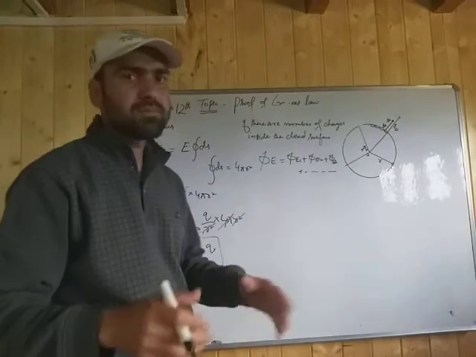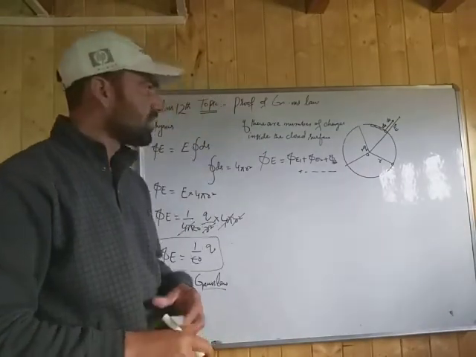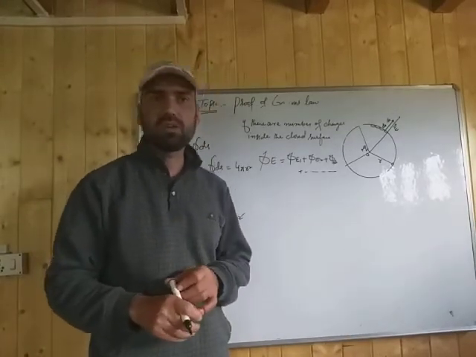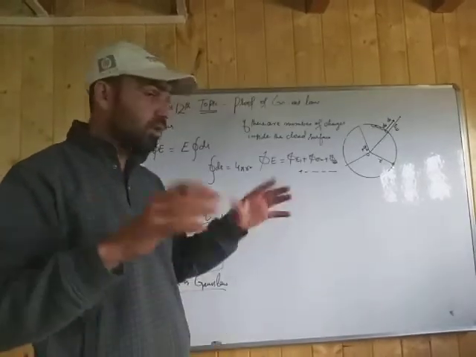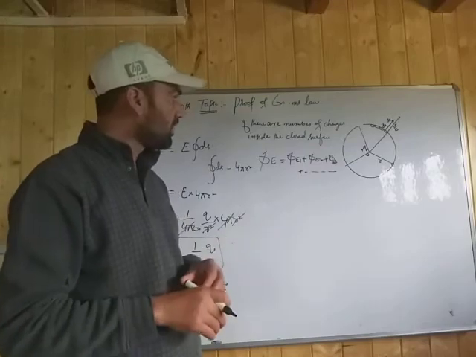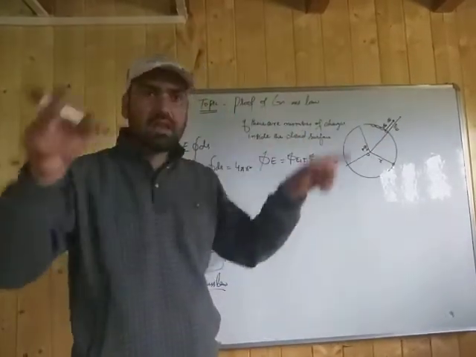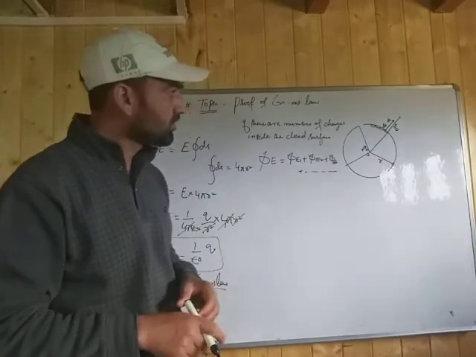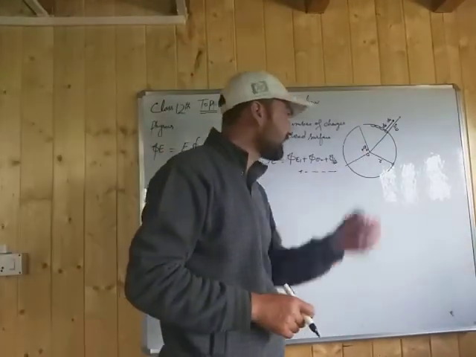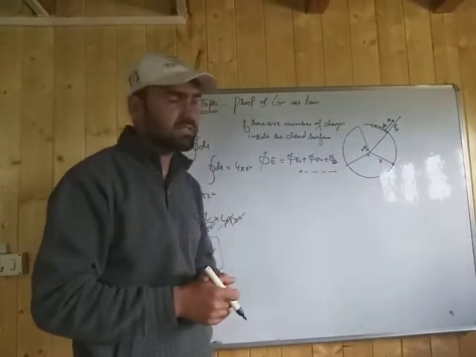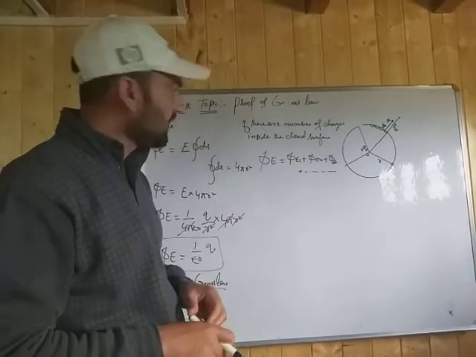So there are a number of charges present inside the surface. जितने भी charge इसमें surface में होंगे, they will contribute to the electric flux. The total electric flux that passes through this closed surface, due to all the charges inside the surface, will be equal to the algebraic sum of all the electric fluxes.